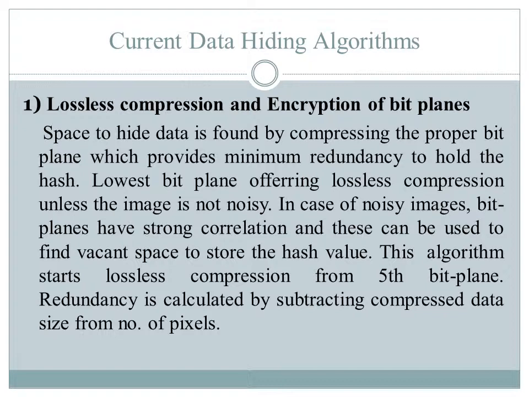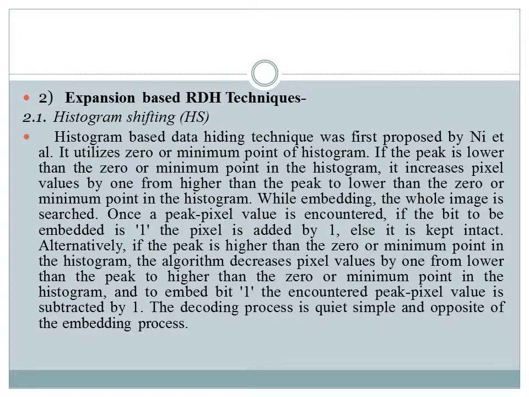But in case the image is noisy, bit planes have strong correlation, and these can be used to find vacant space to store the hash value. The algorithm starts lossless compression from the fifth bit plane. Redundancy is calculated by subtracting compressed data size from the number of bits.